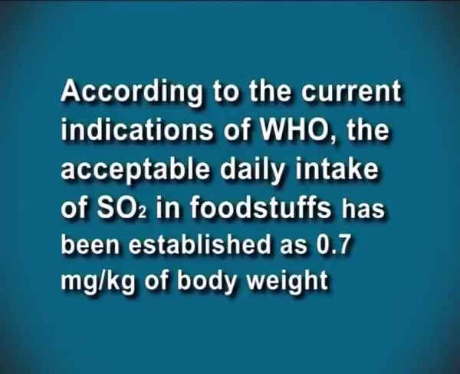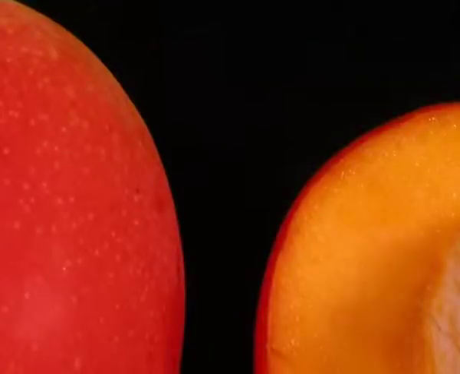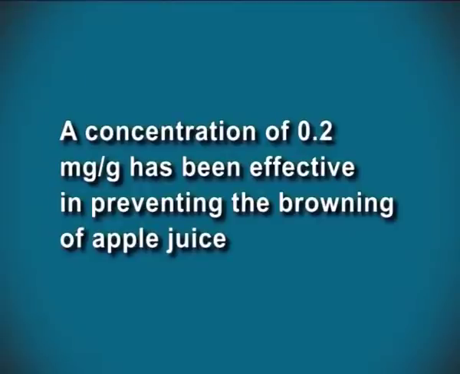According to the current indications of the World Health Organization, the acceptable daily intake of SO2 in foodstuffs has been established as 0.7 mg per kg body weight. Another sulfur containing agent used to prevent browning of fruits is cysteine, which is used to prevent browning of mangoes. A concentration of 0.2 mg per gram has been effective in preventing the browning of apple juice.